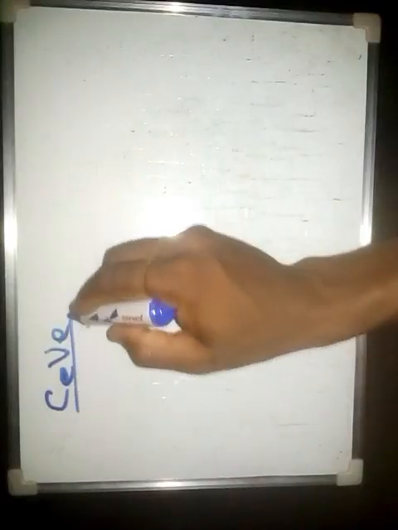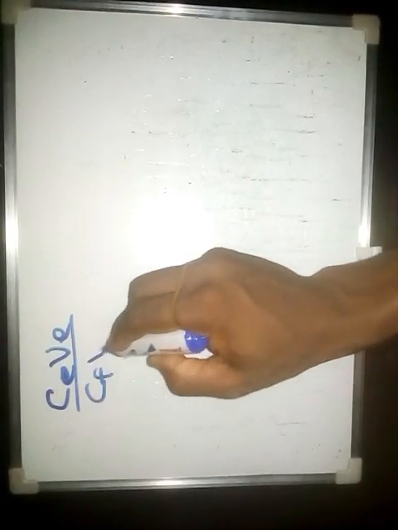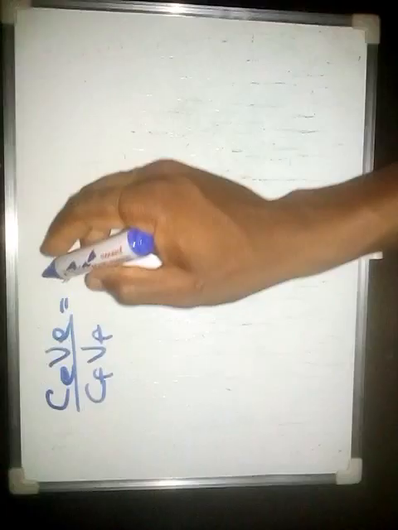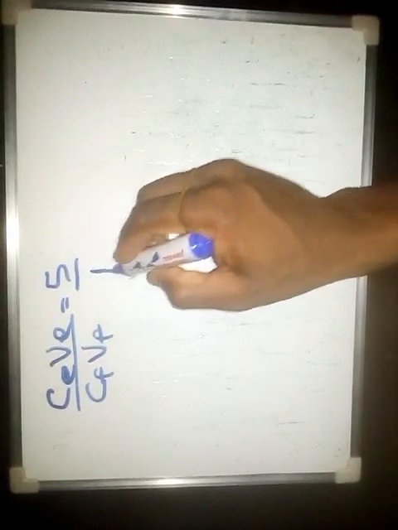So let's calculate. CE VE over CF VF equals, the mole ratio is 5 to 1, right?